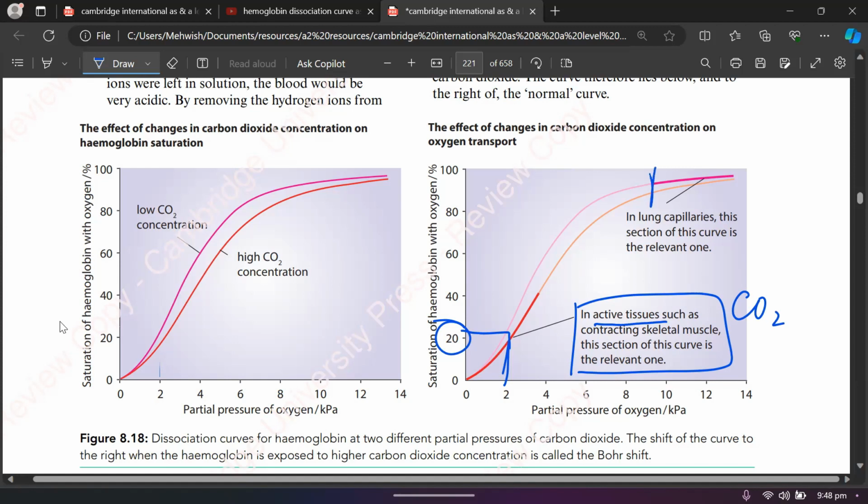And this will be the condition in the lungs, or in the lung capillaries. This section of the curve is the relevant one. Why? I just told you in the beginning that in the lungs the partial pressure of oxygen is high. Even if the carbon dioxide concentration is high, the hemoglobin saturation will be more with oxygen because of the higher oxygen partial pressure in the lungs, right?